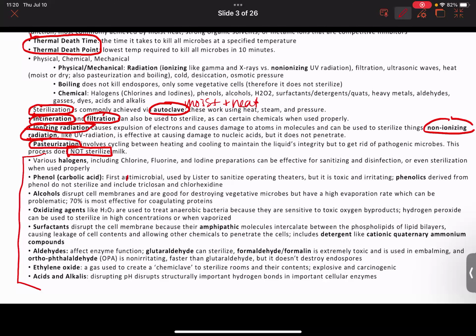Using household bleach, you're using hypochlorous acid, which can be used for cleaning services as well. Sodium hypochlorite is what it really makes, and hypochlorous acid can be a product of it reacting with other molecules. Even your neutrophils make hypochlorous acid to help keep control of microbes and digest them. So pretty useful stuff there.